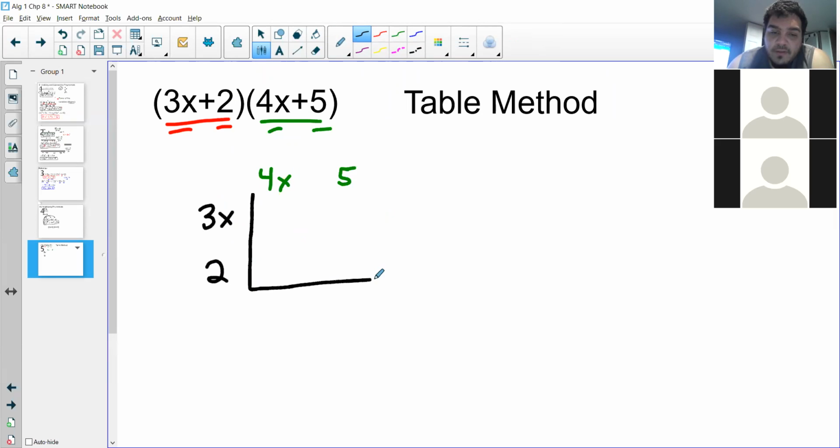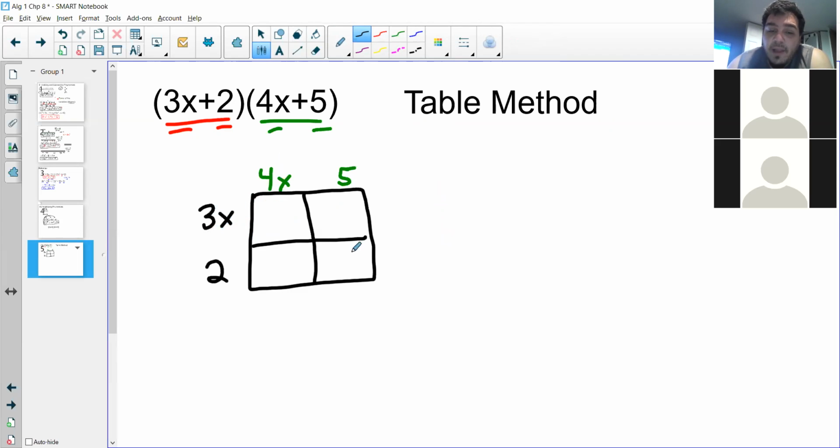Then we make a little box like this and then cut off each column. Like I said, you might have seen something like this in biology with the Punnett squares. Now, like in biology, you take the one, you take the other, and you combine them somehow. In biology, it's just like a capital B and a lowercase b, and you just make the letters.